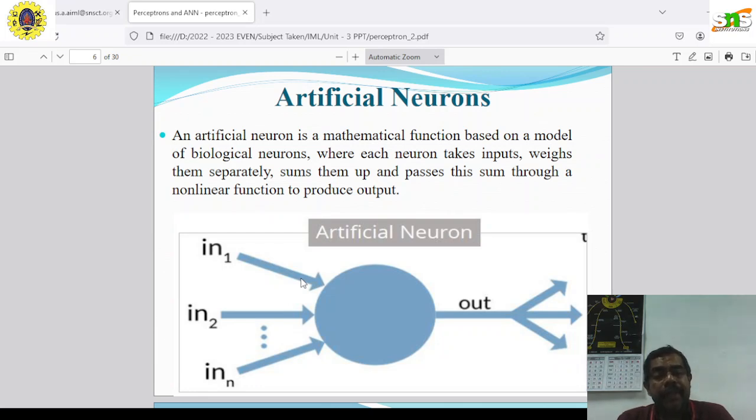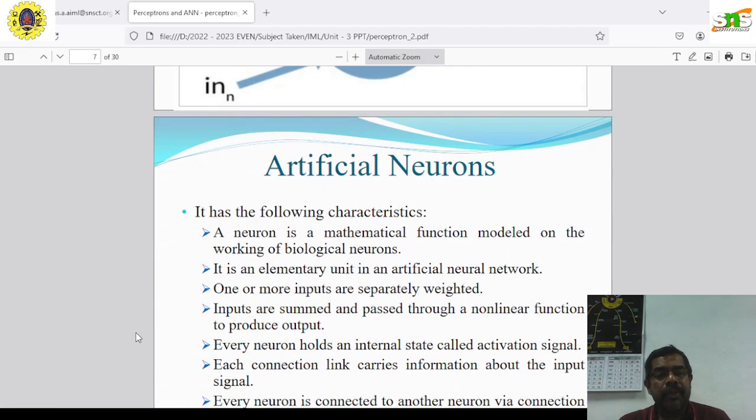This is the skeleton structure of the artificial neuron. We have several inputs to our neural network, the weights are computed, and according to the weights the output is produced.